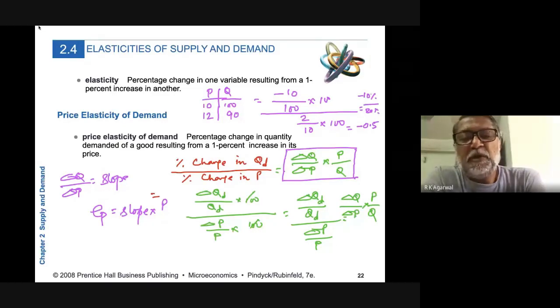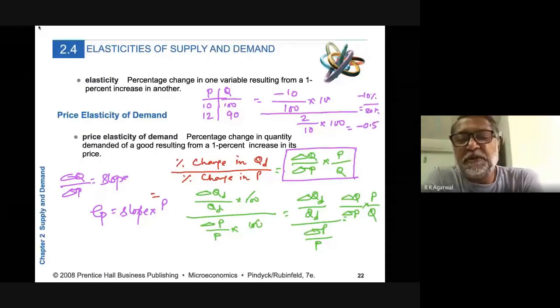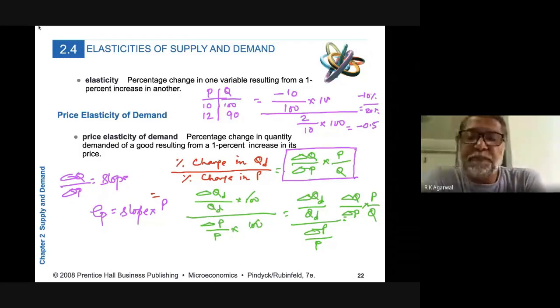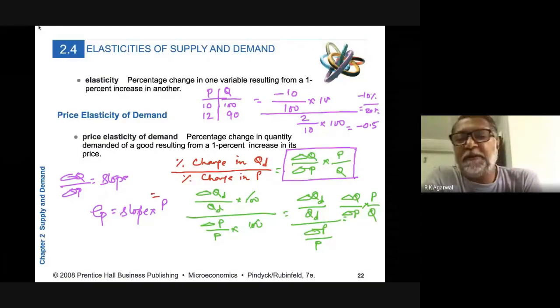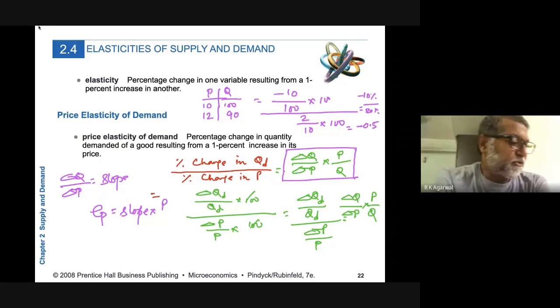We know that there is an inverse or negative relationship between demand and price, and therefore the demand elasticity will be negative. But we have still indicated it. If you indicate the minus sign, there is no harm. But why take the trouble of indicating a minus sign if we know that without it is also fine? So this is minus 0.5.